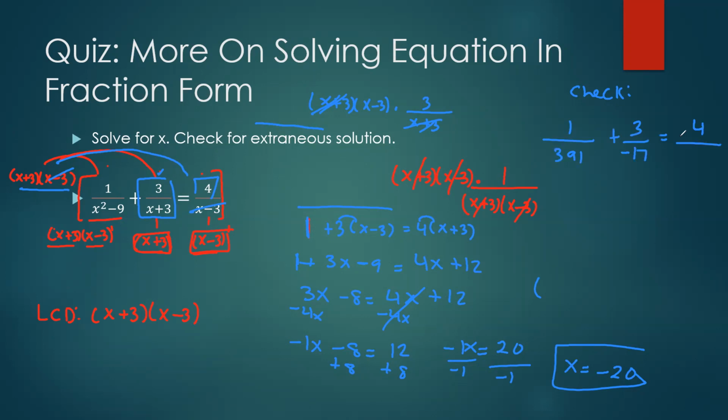Negative 20 minus 3 is negative 23. Okay, so put it all together. 4 divided by negative 23 is negative 0.17.